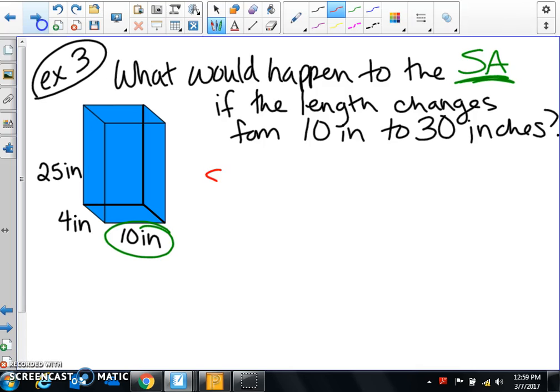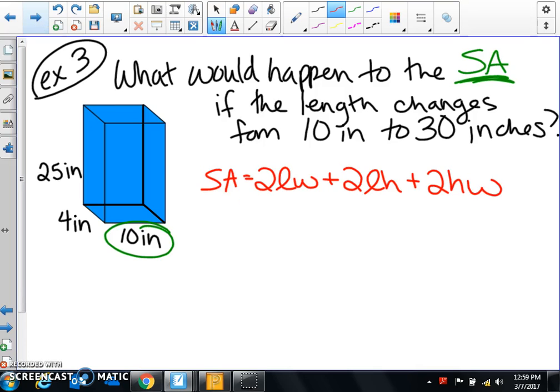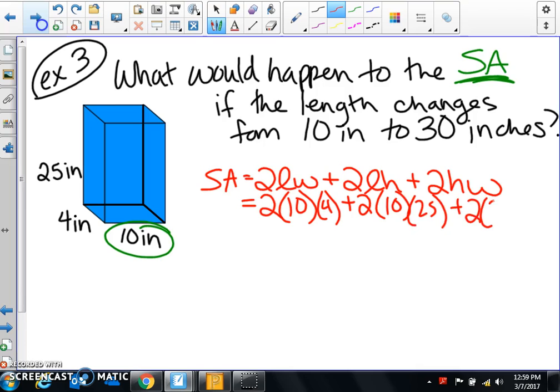So let's go ahead and calculate the original. The original surface area would be 2 times length times width, 2 times length times height, 2 times height times width. And then we would plug in: 2 times 10 times 4 plus 2 times 10 times 25 plus 2 times 25 times 4.